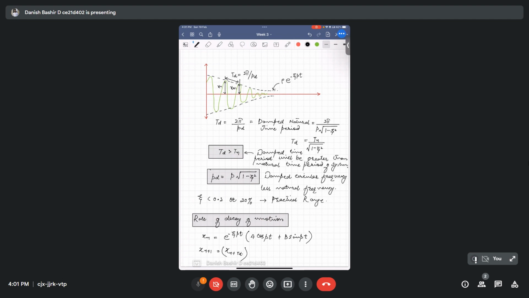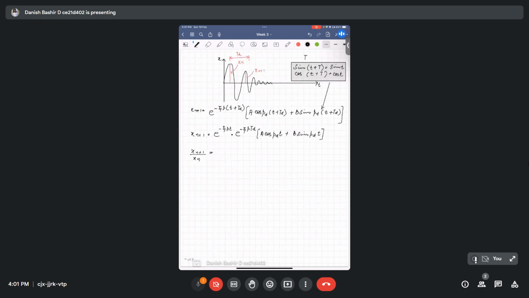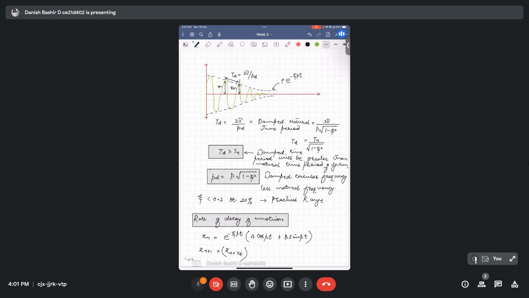And this is e power minus theta p e power minus theta p td. Okay, this and this will get cancelled.